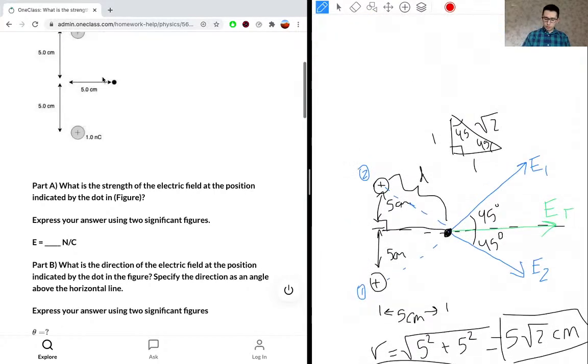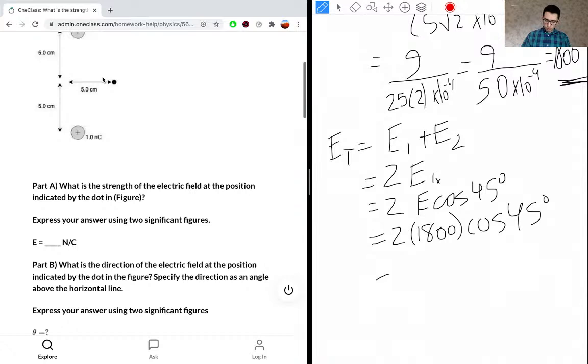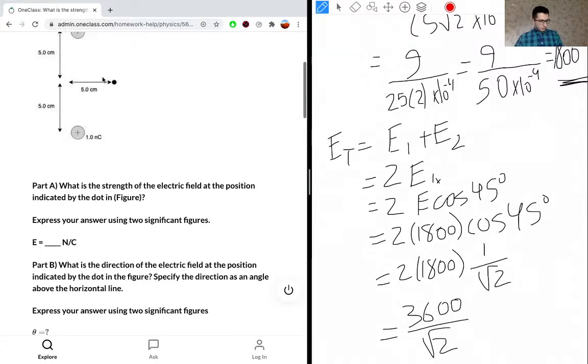Using the special triangle, this would just equal adjacent over hypotenuse. So adjacent is 1 over square root 2. So this will be 2 times 1800 times 1 over square root 2. And we end up with 3600 over square root 2 for the electric field. And the units are newtons per coulomb.